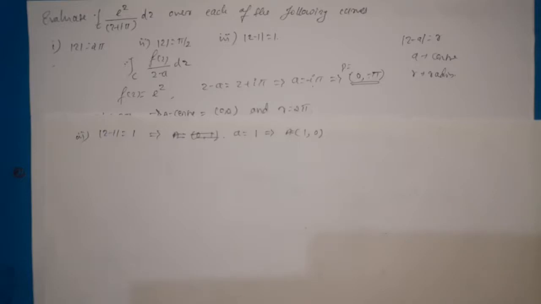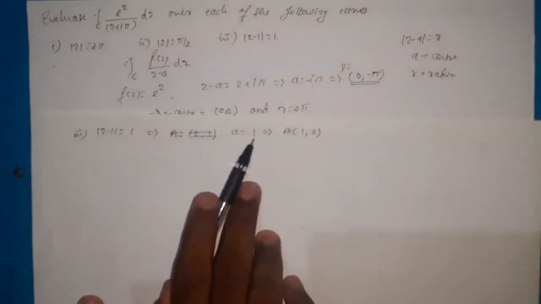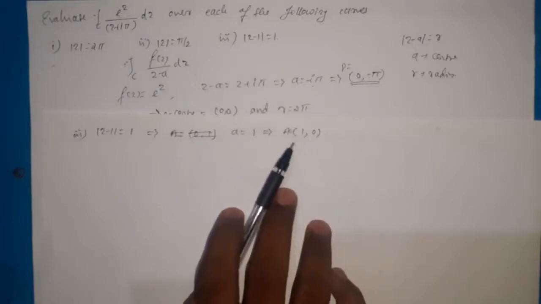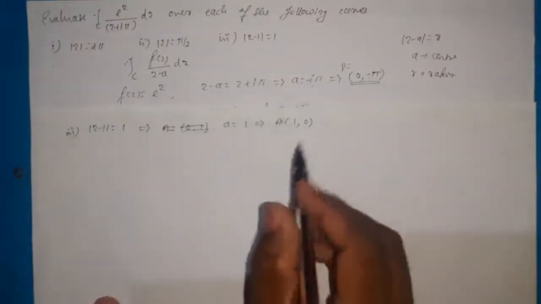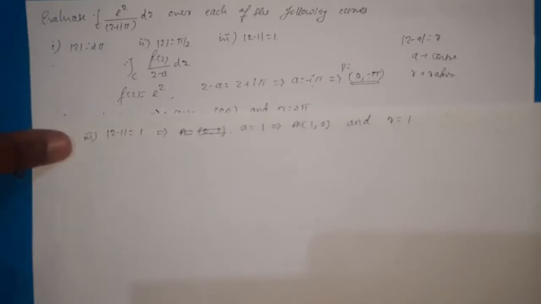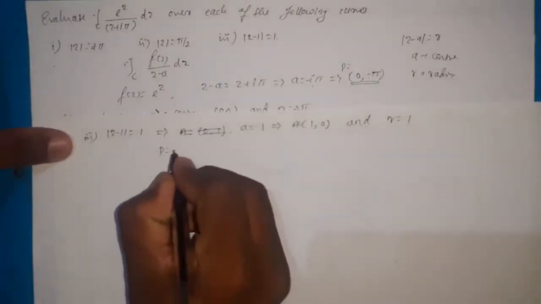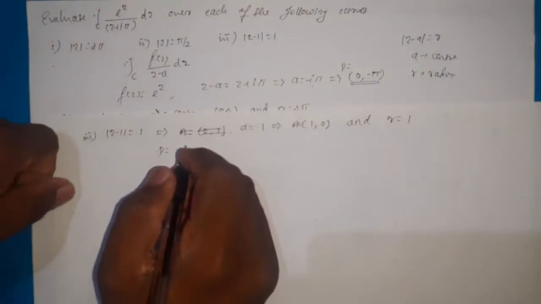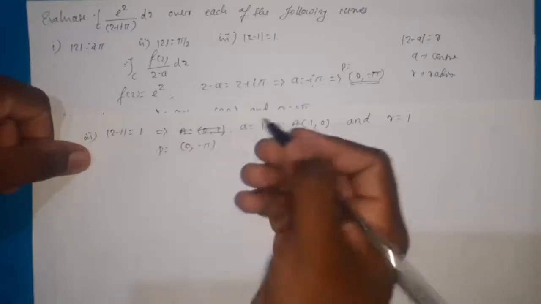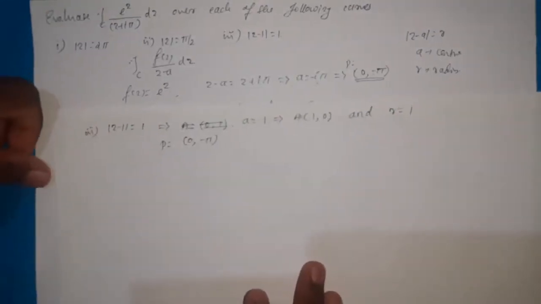If the imaginary part is there, it should be multiplied by I. But here, in case of a is equal to 1, there is no I term, meaning the imaginary part is 0 and the real part is 1, and radius is equal to 1, and the point P is equal to 0 comma minus pi, that is common for all the three circles.